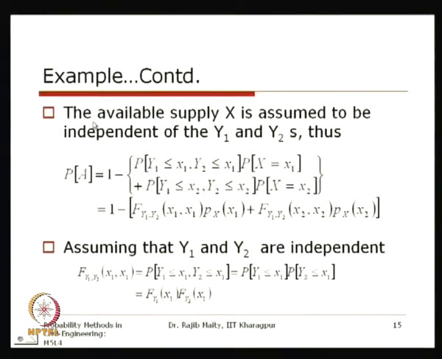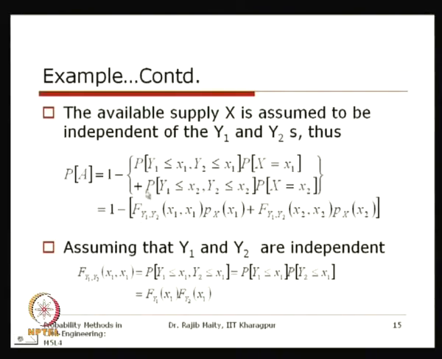So, that is why it is explained that if the available supply x, either x1 or x2, is assumed to be independent of y1 and y2, then it can be written that y1 less than or equal to x1, y2 less than or equal to x2, where the condition that x equals x1 is now omitted, is multiplied by the marginal probability, that is, the probability x equals x1.